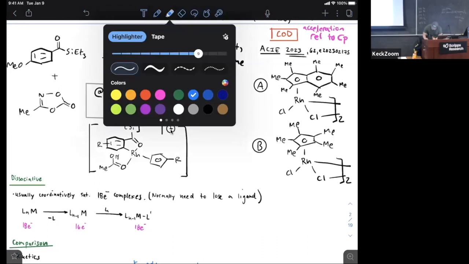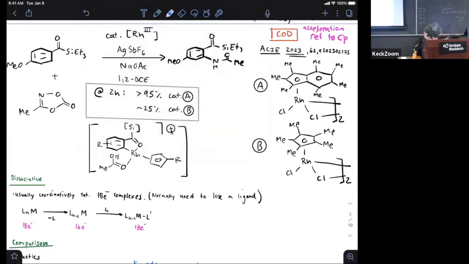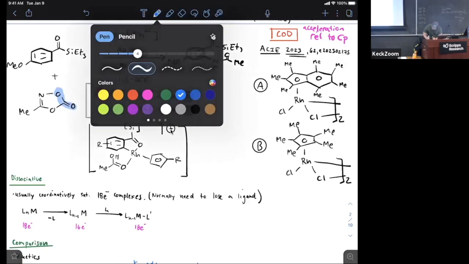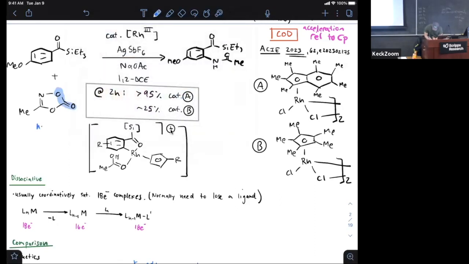I guess Yushin is probably the expert in the room here, more so than me on this type of reaction from his undergraduate research. These are nitrene precursors that lose CO2 upon coordination to a metal and then generate a nitrene this way. So this is a CH amination process.